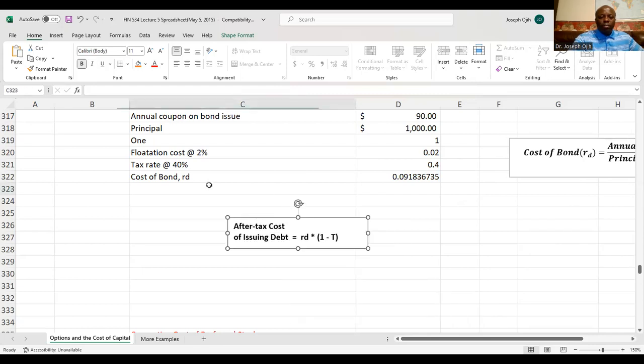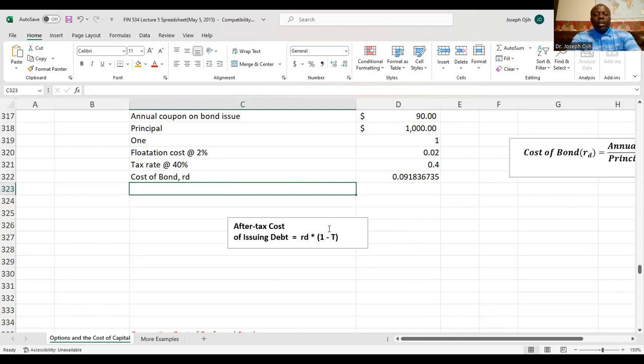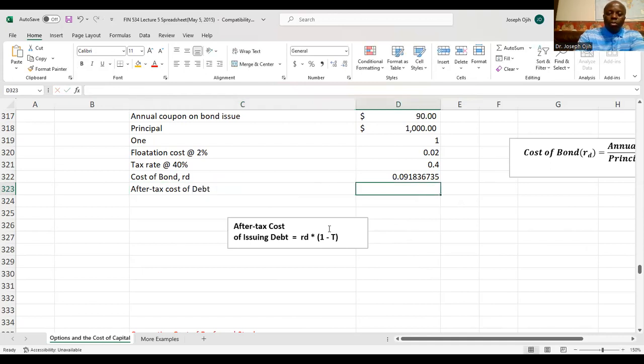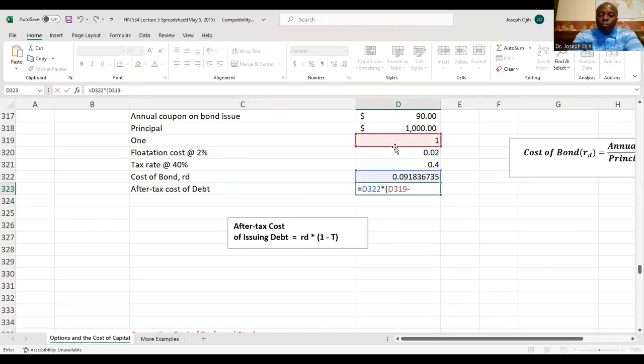The after tax cost of this debt equals the cost of the bond times 1 minus the tax rate of 40%. Close the parentheses, and when you press the enter key, it gives us the cost.